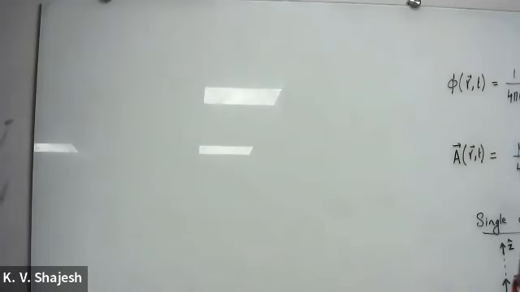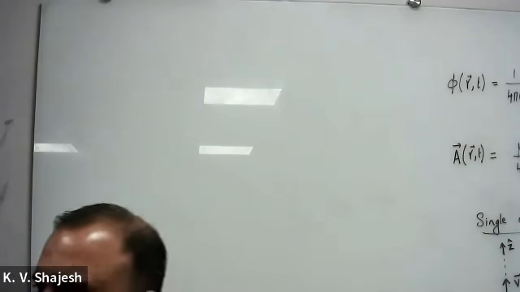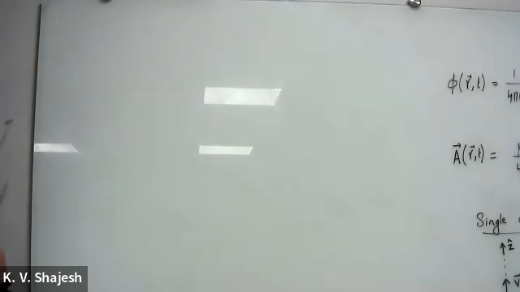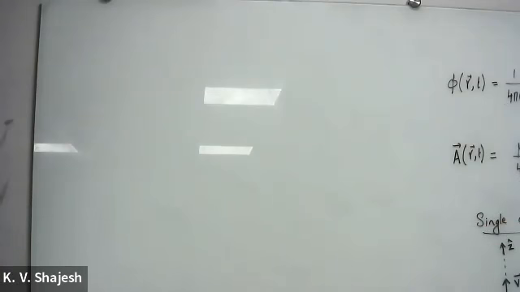Okay. Any questions? Is it clear what's going on? Yes, you replace the t prime with t_R, the retarded time, in the 1 over square root situation.